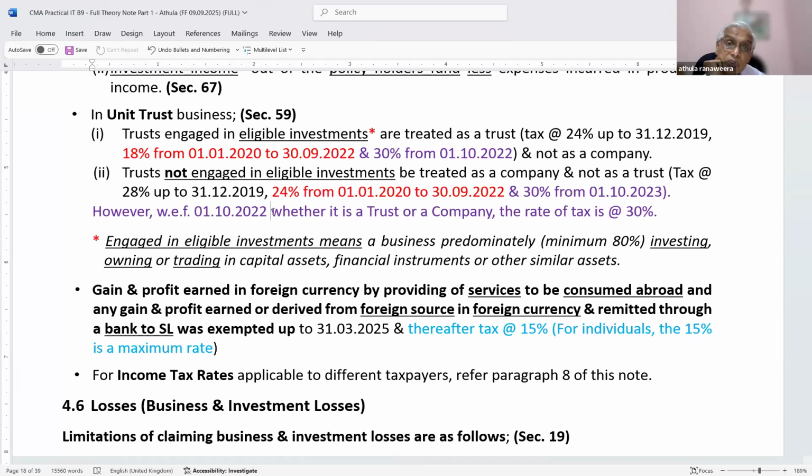What will be the situation? Therefore, there is no guarantee in a unit trust. There's no guaranteed return. These fund managers are guaranteeing certain returns because they are not unit trusts.